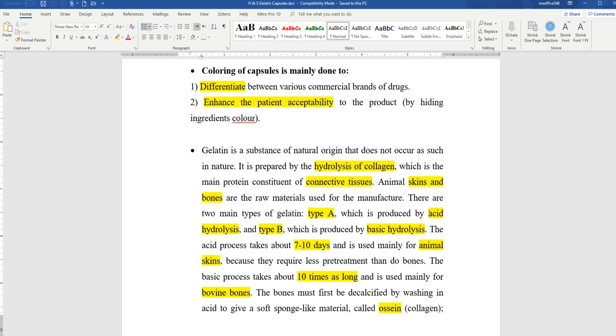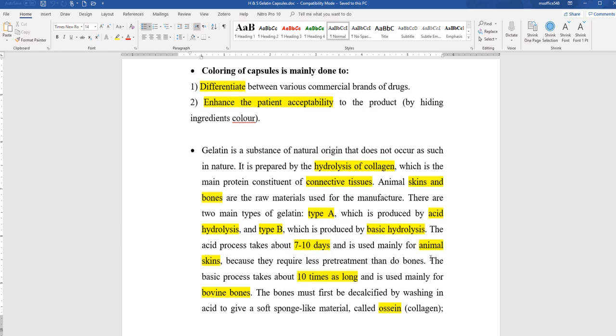So type A is produced by acid hydrolysis, type B is produced by basic hydrolysis. The acid hydrolysis, as I said, happens mainly from animal skin. Yani you are using animal skin and you are putting it in acid, and you will soak it for 7 to 8 days for the connective tissue, for collagen to convert to gelatin.